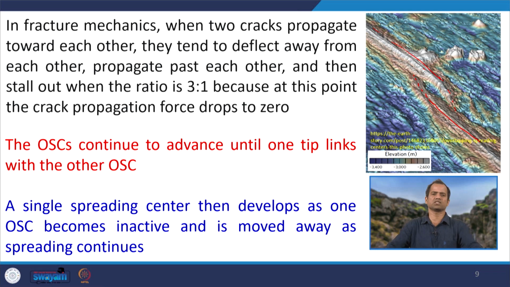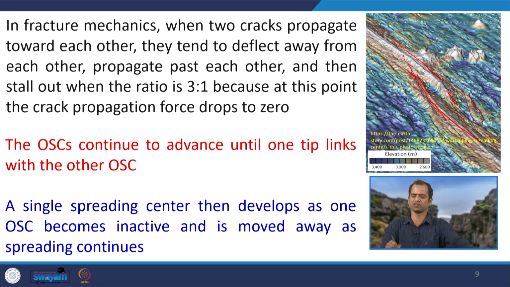So, this OCS continues to advance until one tip links with the other OCS. So, this will move and this tip will join here and this tip will join here. As a result, a single spreading center will develop and one OCS becomes inactive and moves away as spreading continues. So, if this continues and becomes one, this part becomes abandoned.